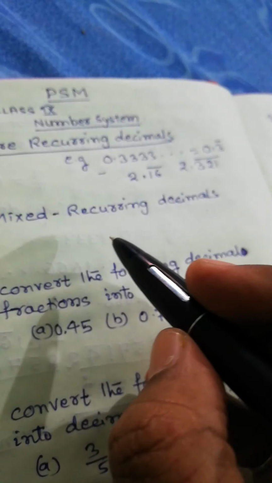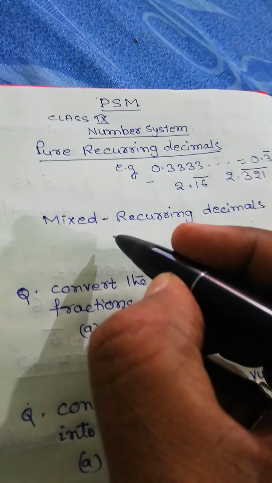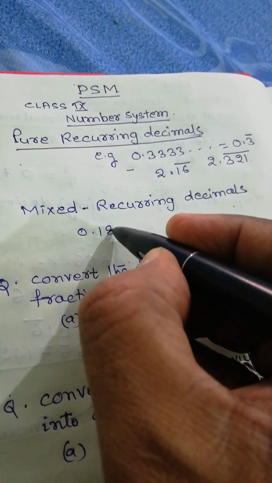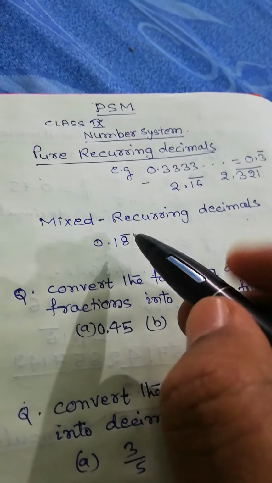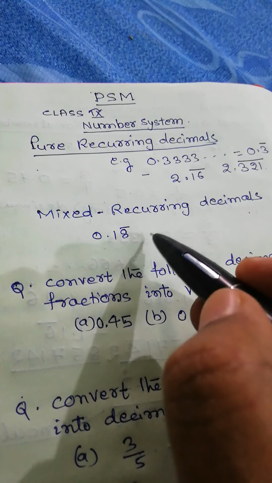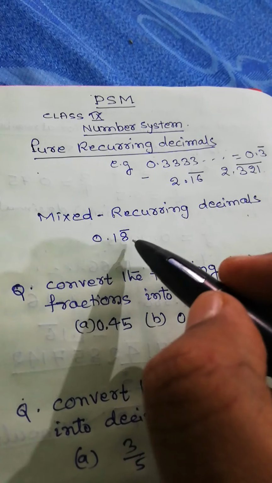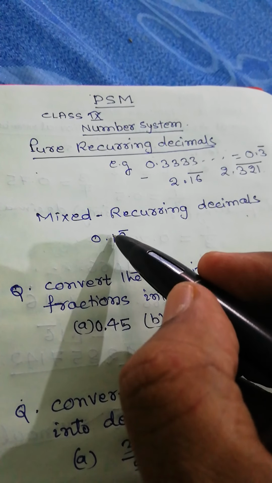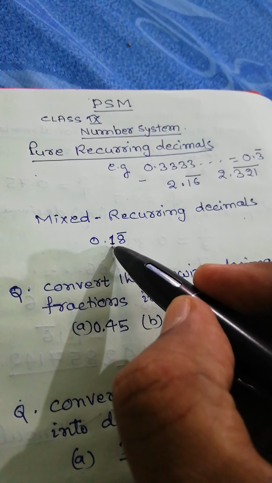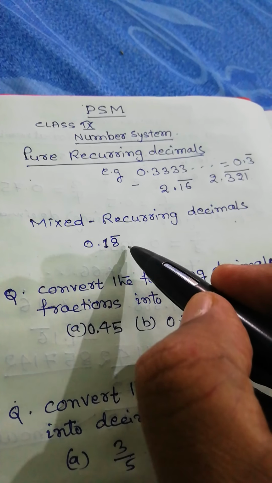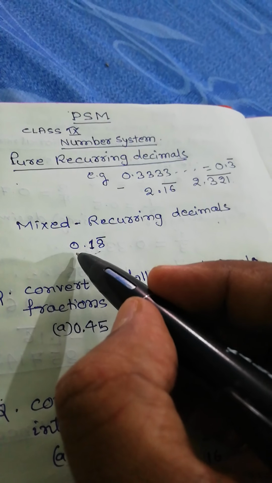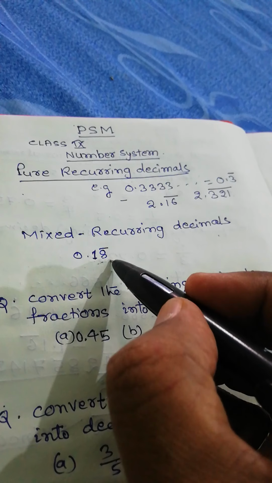For example, 0.18 dash. Here you see this digit 8 is repeating, 88888, but after the decimal one digit is there, that is 1, which is not being repeated.